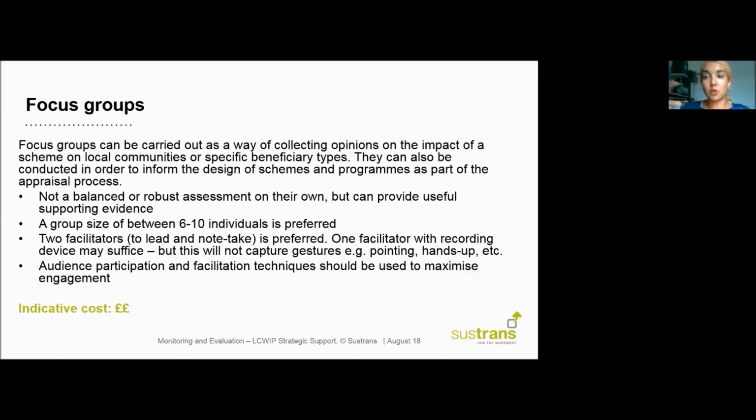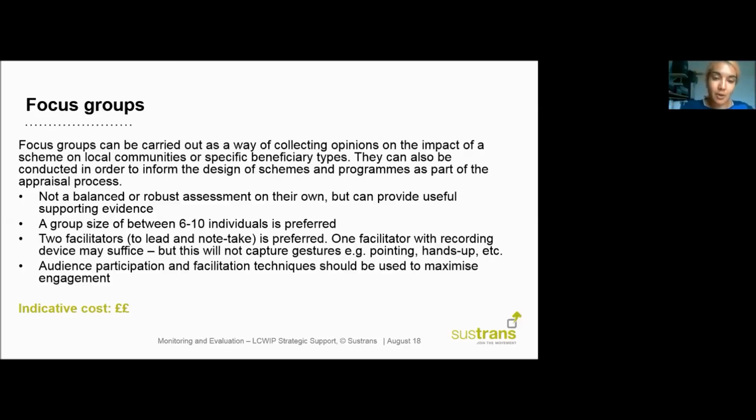So there's two ways they can be used, either to capture feedback at the end or to inform the design. On their own, they're not able to provide a very robust assessment, but can provide very useful context and understanding.